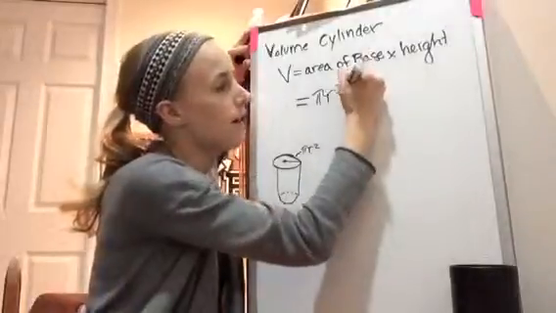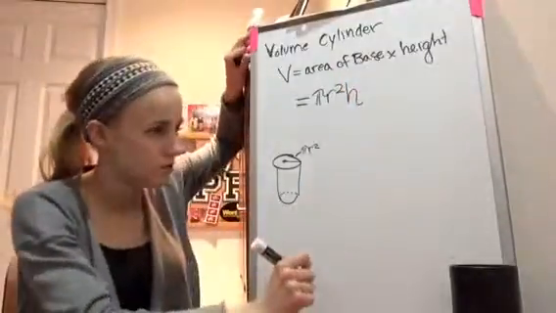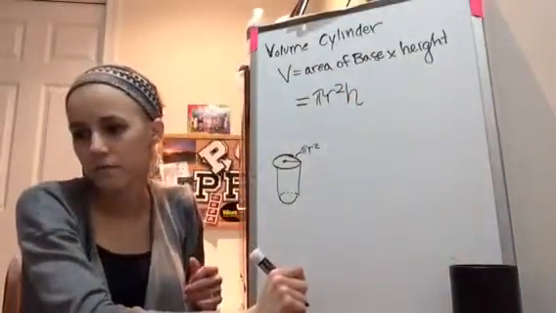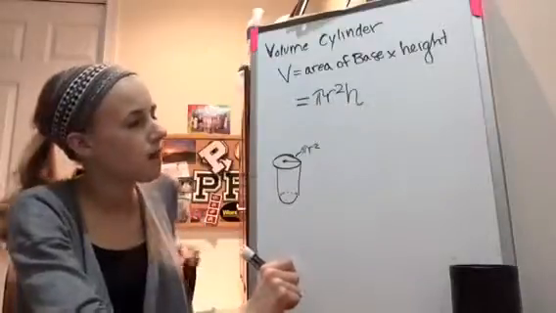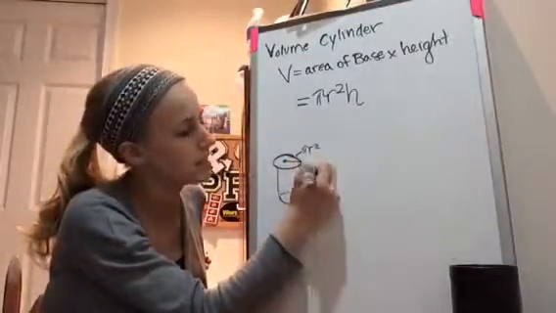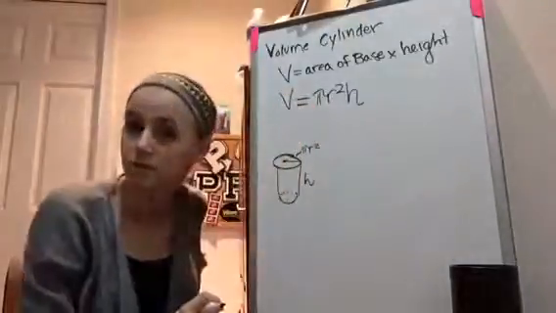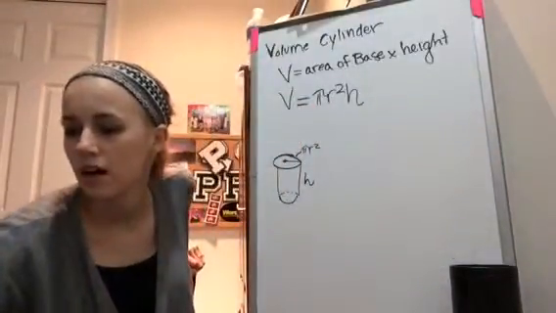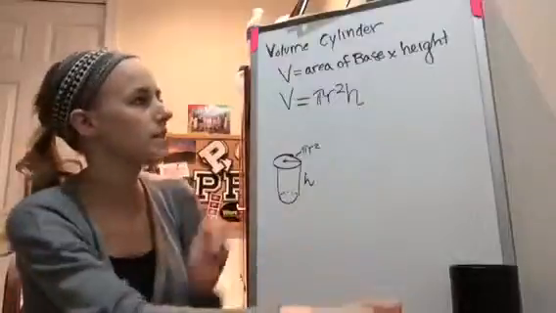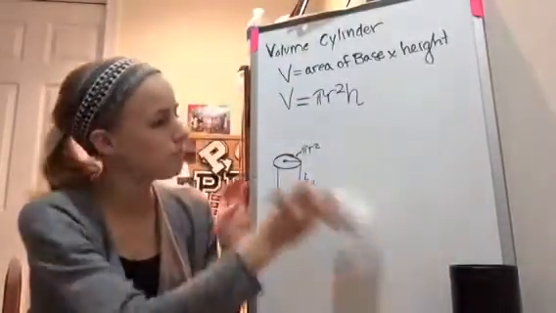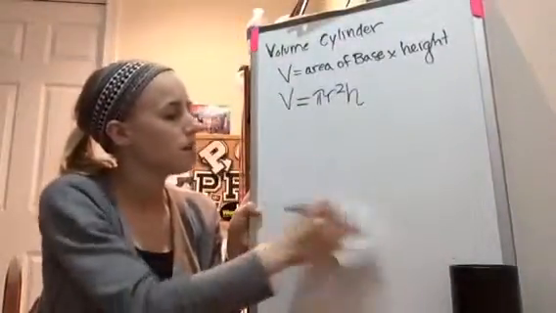But we also have the height to include as well. All right, so the volume of this is going to be this amount times the height, and that will figure out our volume.